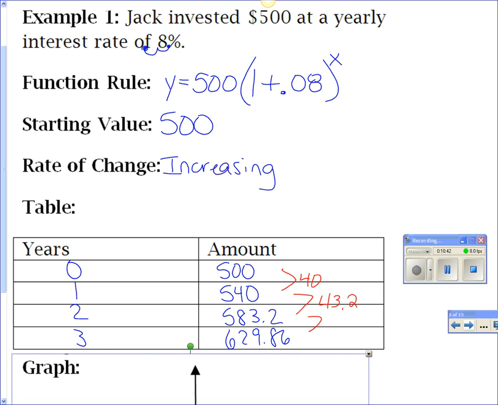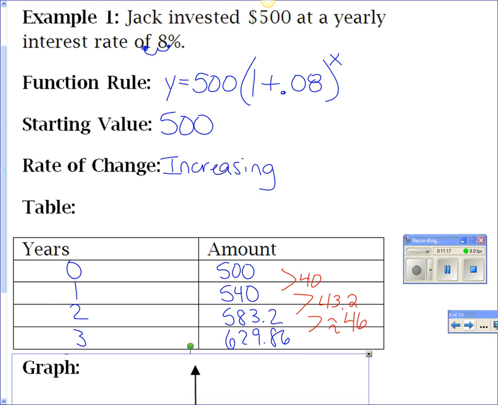And what about that last one? Approximately what? What do you get when you subtract those? $46. Okay, you get 46.